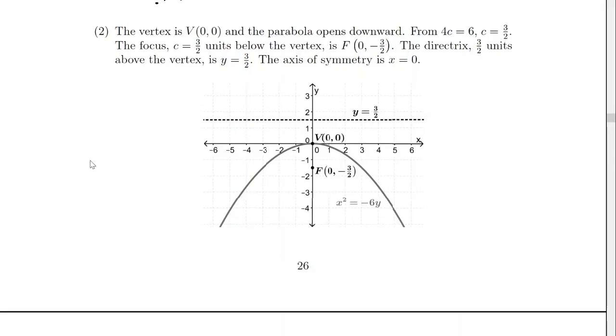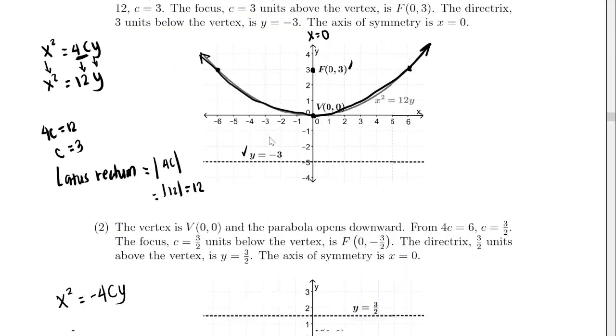So using again the equation, since it opens downward, we have negative 4cy, and the equation is x squared equal to negative 6y.